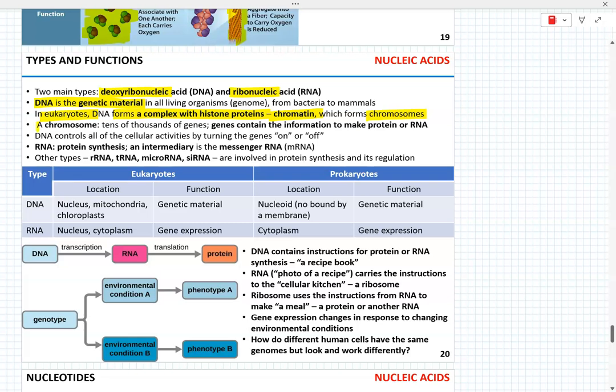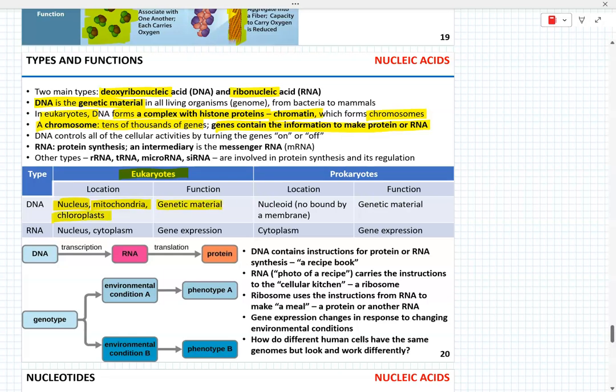Each chromosome contains tens of thousands of genes that contain the information allowing the cell to produce proteins or RNA. In eukaryotes, the genomic DNA is located in the nucleus, while extrachromosomal DNA can be found in mitochondria, and if we're talking about plants, for example, in chloroplasts.